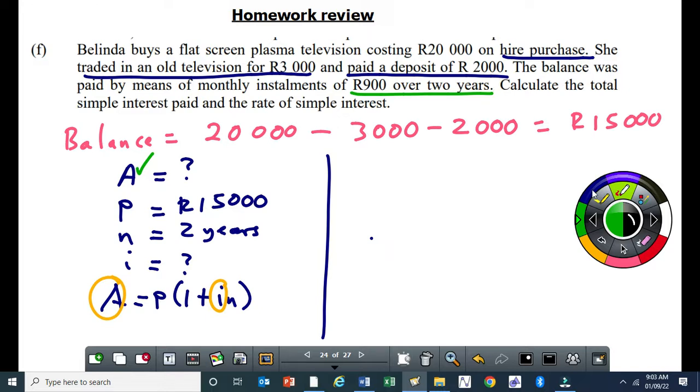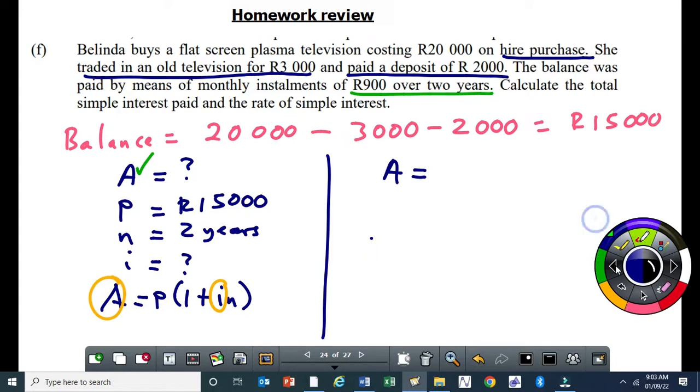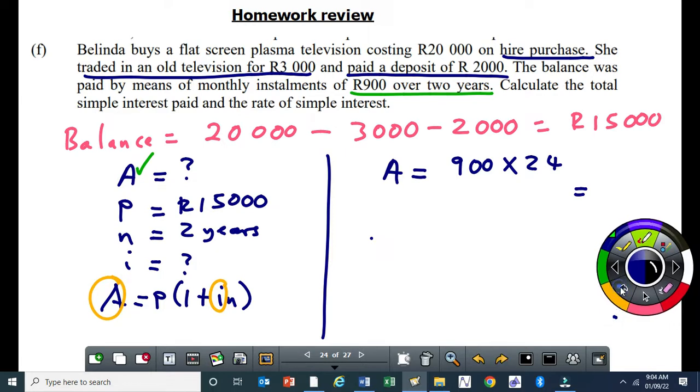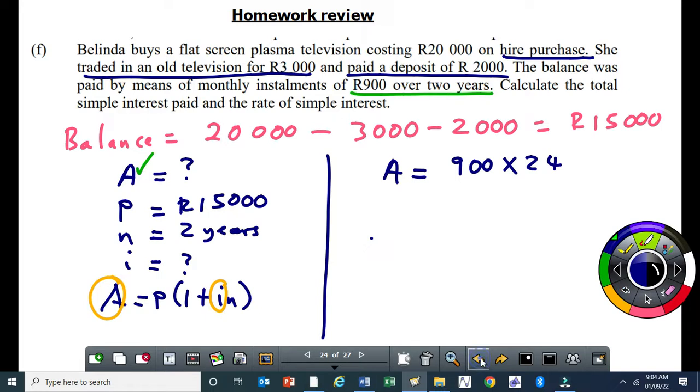So our A is going to be 900 times 24 months. What answer do you get? 21,600. So that's our A.